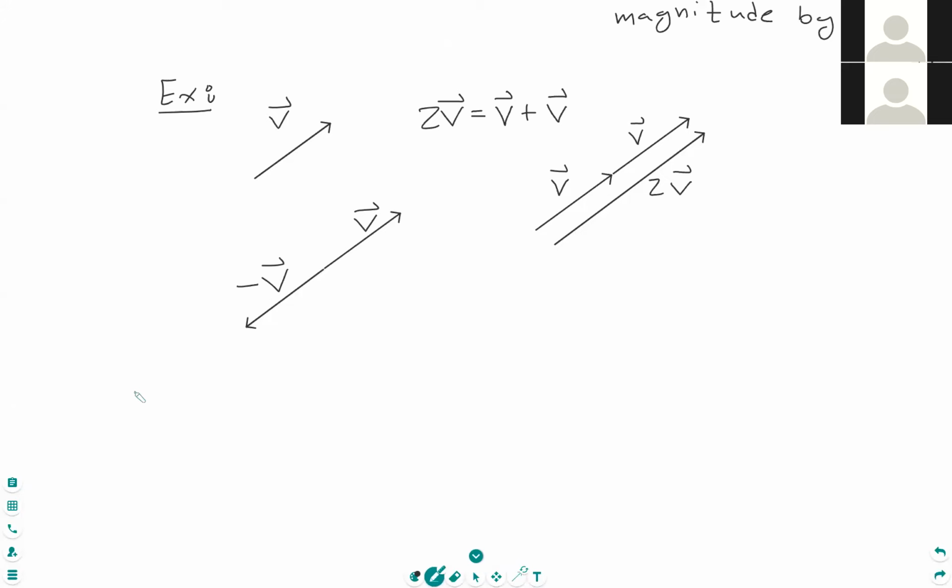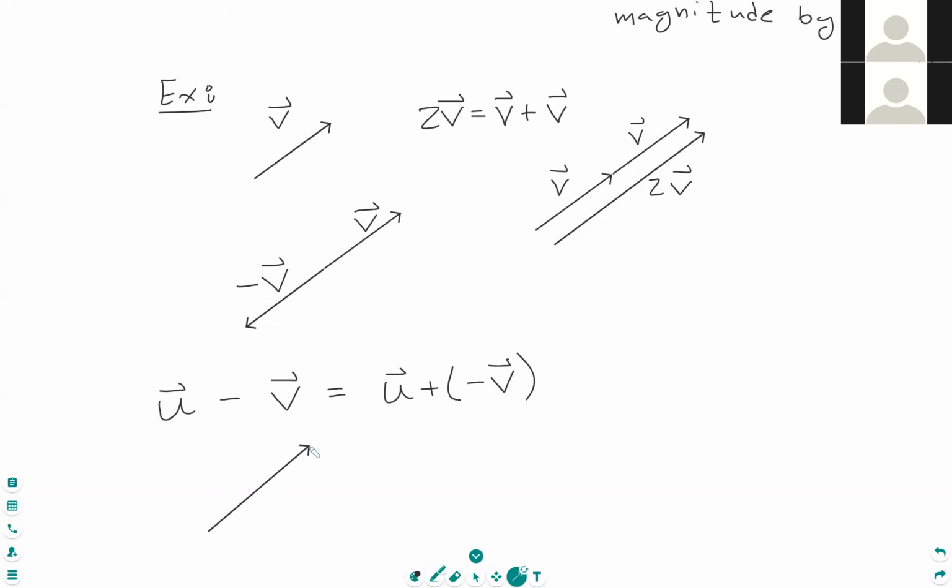Subtracting vectors can be seen as adding the negative. So if I have a u and I subtract a v, we can write this as u plus the negative of v. So now let me draw some more vectors here.